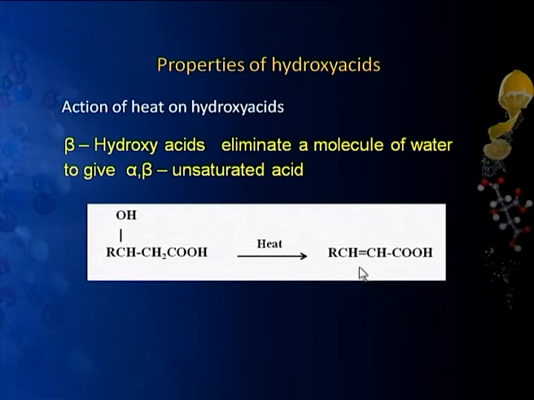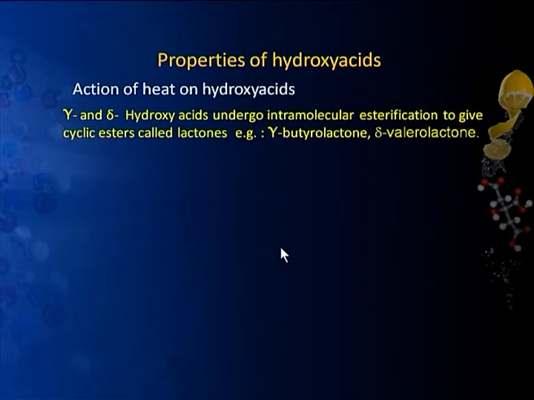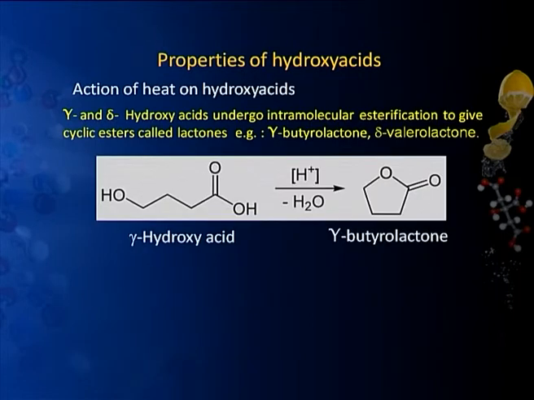Second, the product which is formed, alpha beta unsaturated acid, is more stable because this pi bond is conjugated with the pi bond between carbon and oxygen. So, this is an extended conjugation and there is some extra stability in that. Then gamma and delta hydroxy acids on heating again lose a water molecule and form esters, but they form cyclic esters. That is, the hydroxyl group and carboxyl group of the same molecule eliminate water to give a cyclic ester.